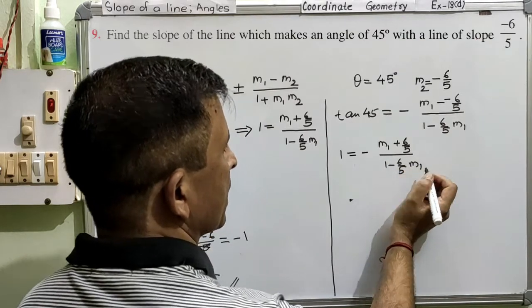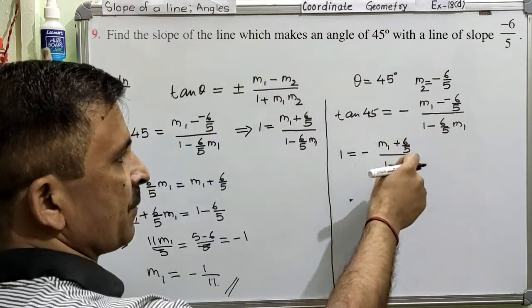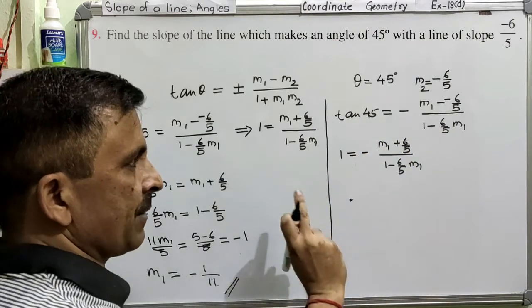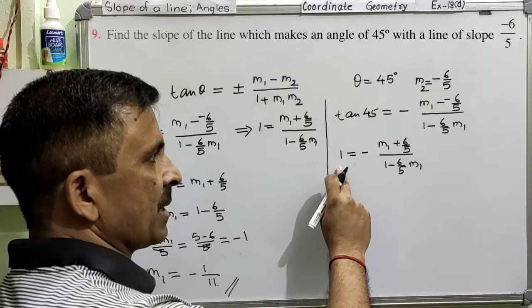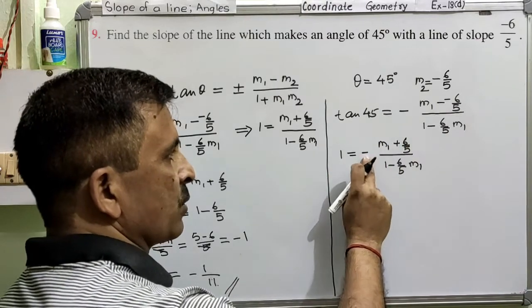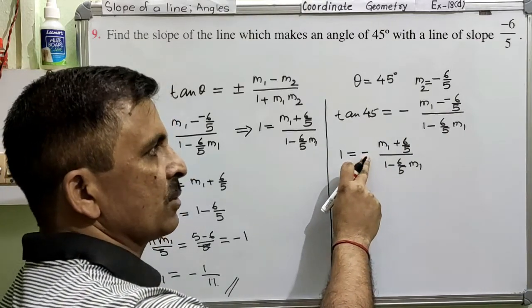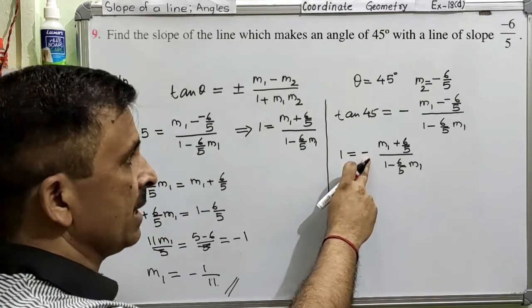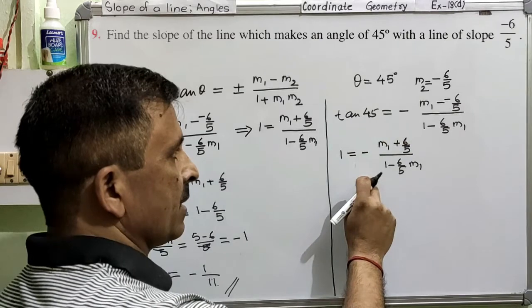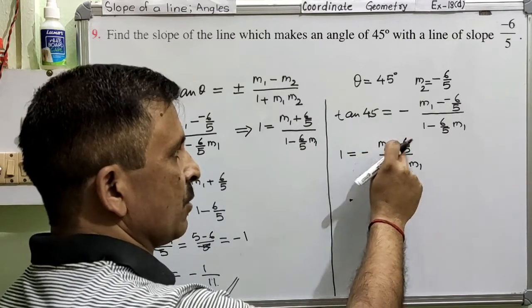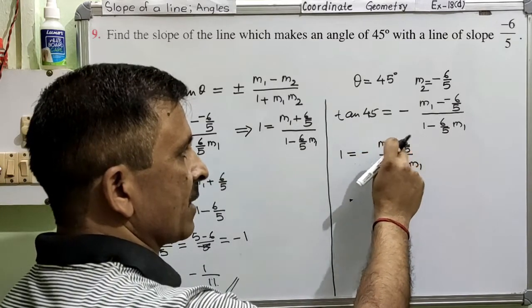Clear? Now this fraction number is negative. In the previous question also I told you, when your fraction is negative and if you have to do cross multiplication, you have to select with whom you are going to take this minus sign. Am I clear? You have freedom. So I am going to take this minus sign with the numerator. So since I am going to take this minus sign with the numerator, that means the sign of this numerator will change.